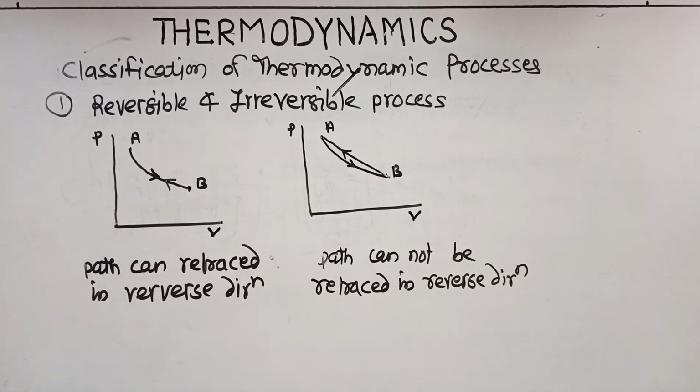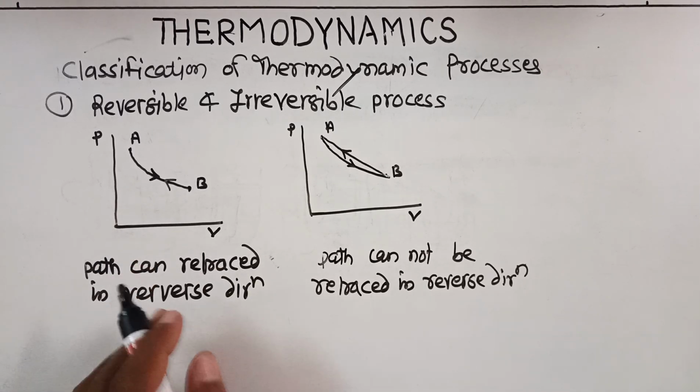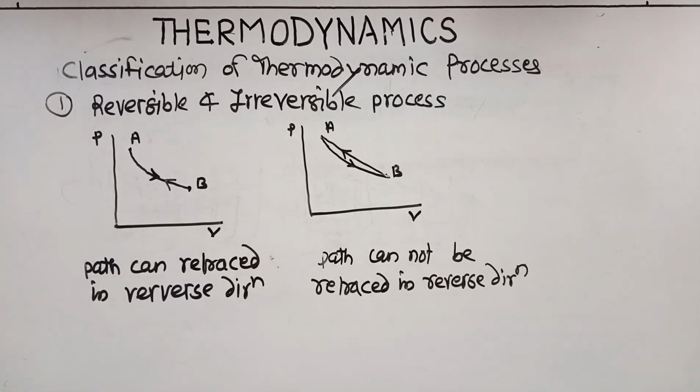Examples of irreversible processes are the boiling of water and the melting of ice. Now why are we not able to retrace the path?